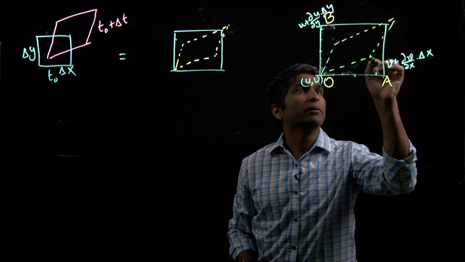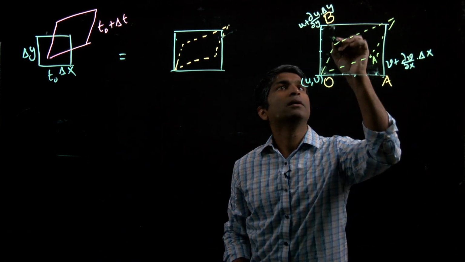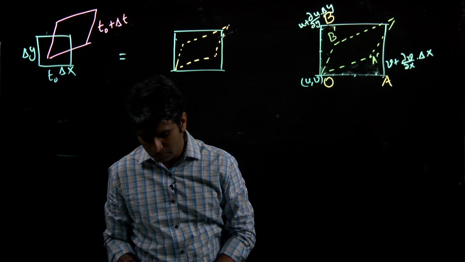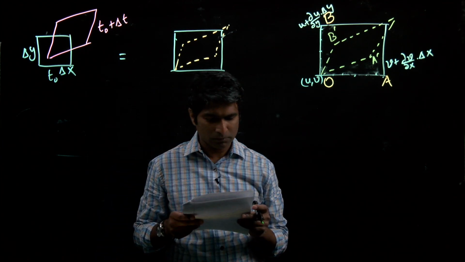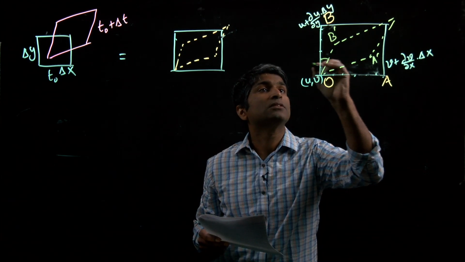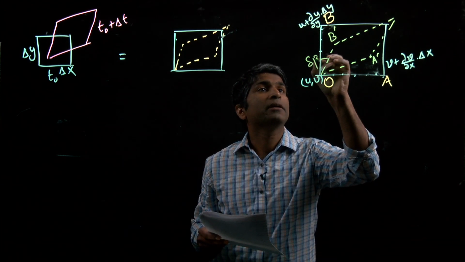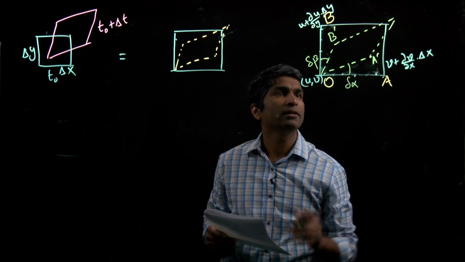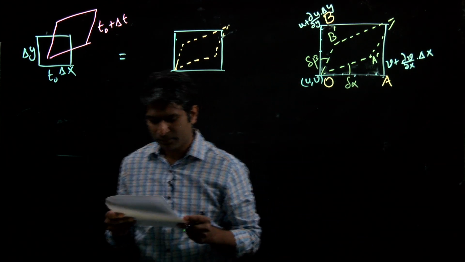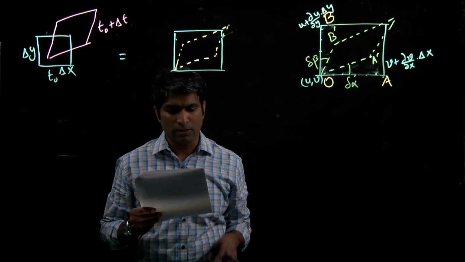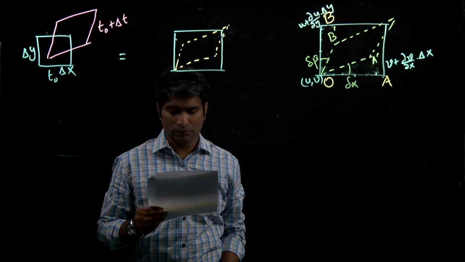So I have an A prime, a B prime, and let's say this is delta beta, that's the angle, that is delta alpha, that's the angle again.